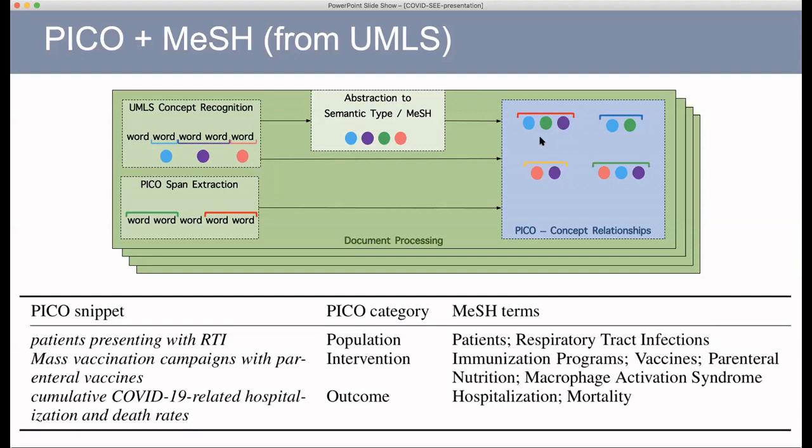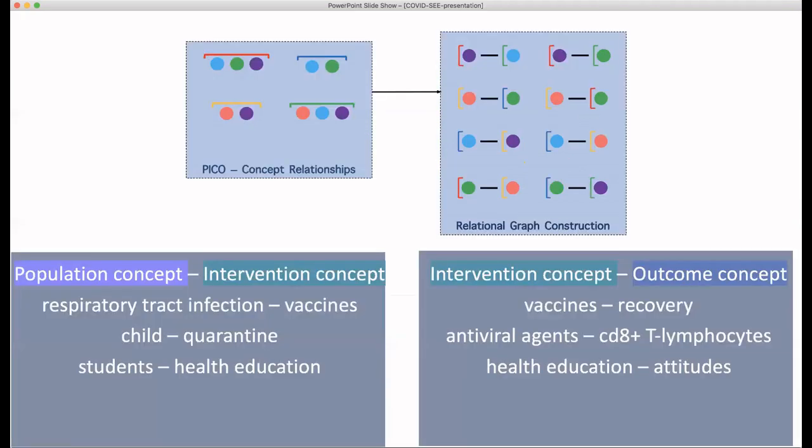And this then provided us with those. This is my little schematic for trying to show that we have concepts inside of particular PICO spans in the text. And then we kind of broke those up into pairwise combinations that we found in individual articles.